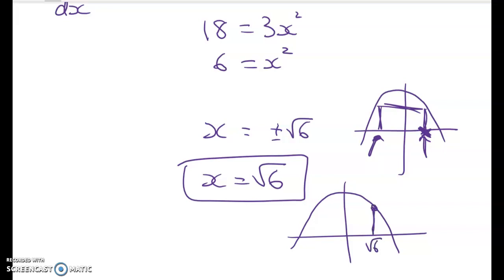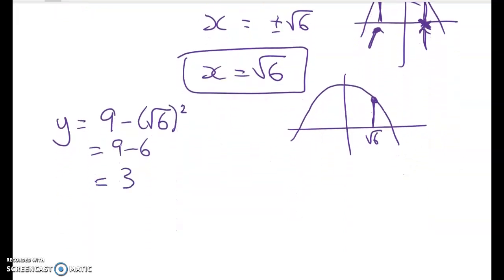And so we know what the y value is going to be. So the y value will be 9 minus x squared, which gives us 9 minus 6, which equals 3. The area of the whole thing now, so let's write some of that on. So this is 3 here.